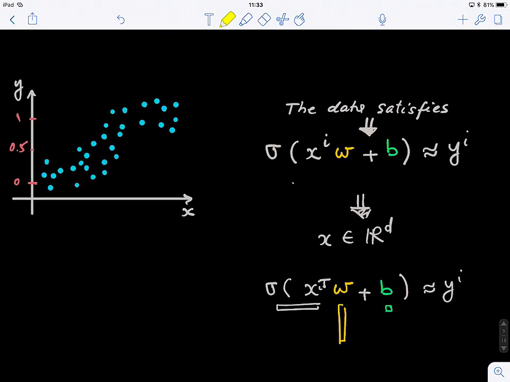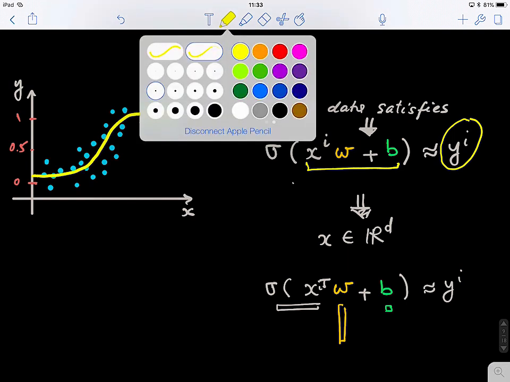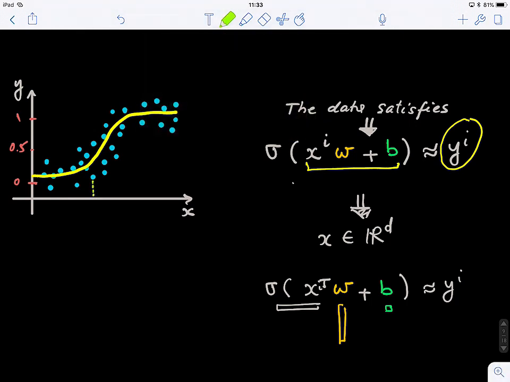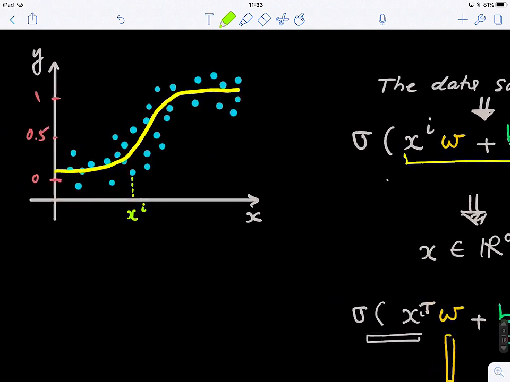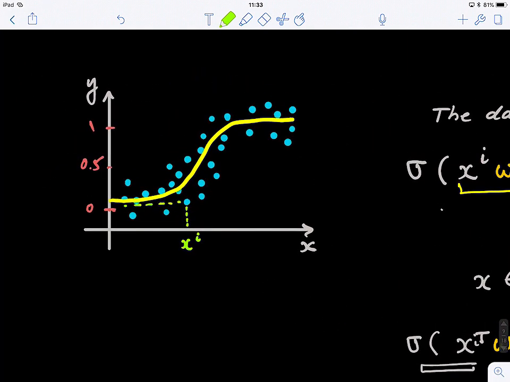So we have our sigmoid function, and this is our prediction. What we assume here, if we go back, is exactly similar to the previous case where we had linear regression. So this is, for example, our x_i, this is the ground truth y_i. And where is our prediction here? The prediction is the fit by this curve, right?